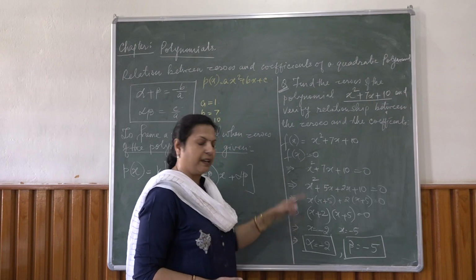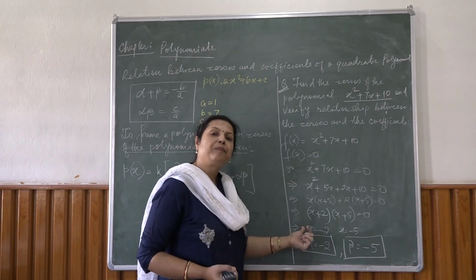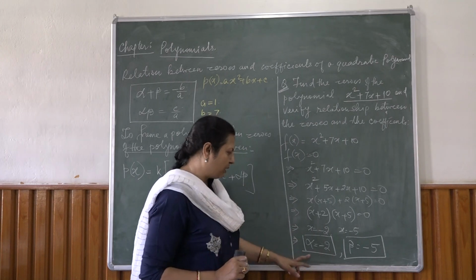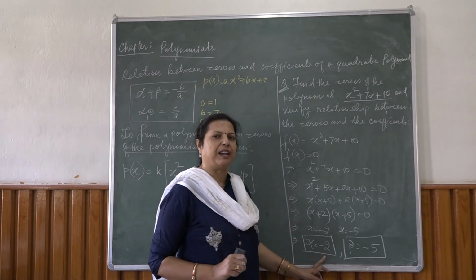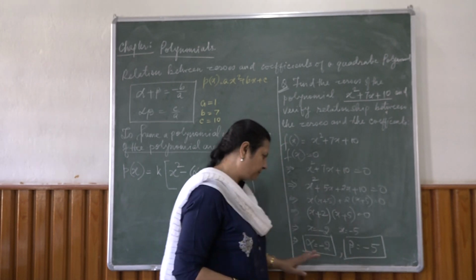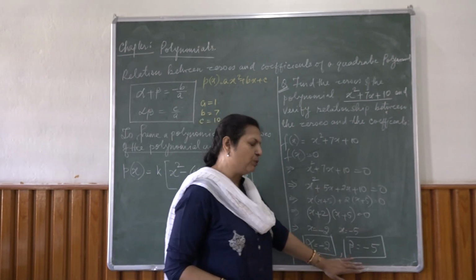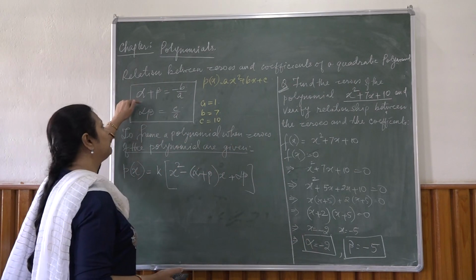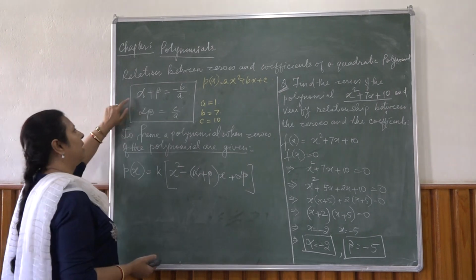Again, from the previous class, the zeros are named alpha and beta. So here we have the value of alpha as minus 2 and the value of beta as minus 5.